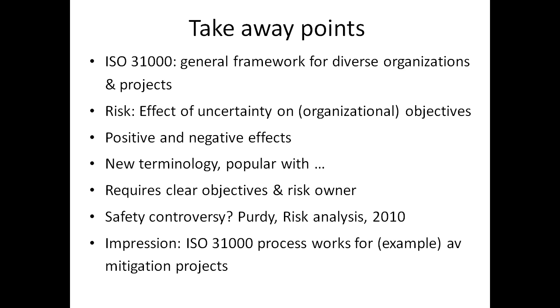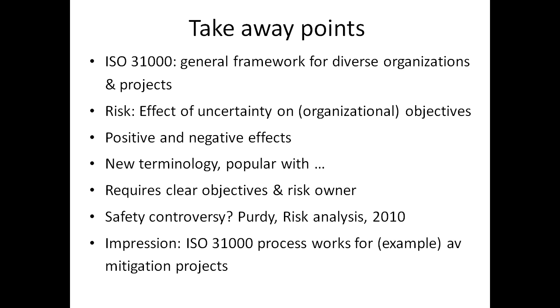ISO 31000 is not without its detractors. Grant Purdy, in a 2010 article in the Risk Analysis journal, points out that some worker safety organizations have questioned why worker safety and achieving zero risk to workers is not the ultimate goal in ISO 31000.